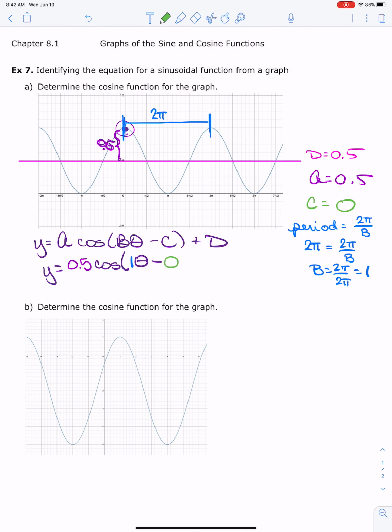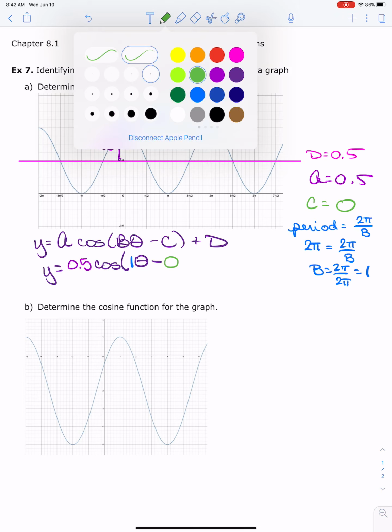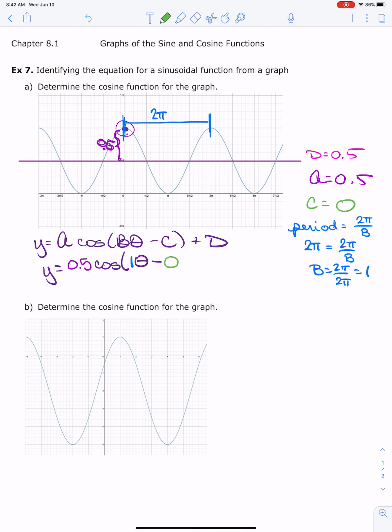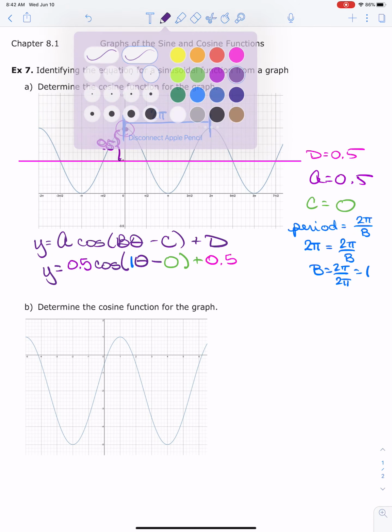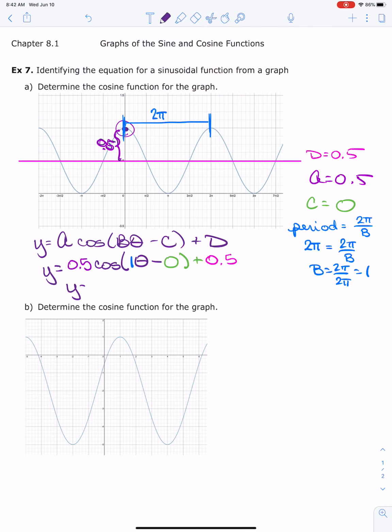And then I will rewrite this one more time without all the shenanigans. Just making sure that we get everything in the right place. We end up with y equals 0.5 cosine theta plus 0.5. And that is the equation for that first graph.